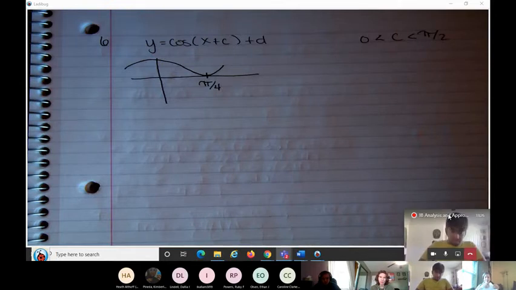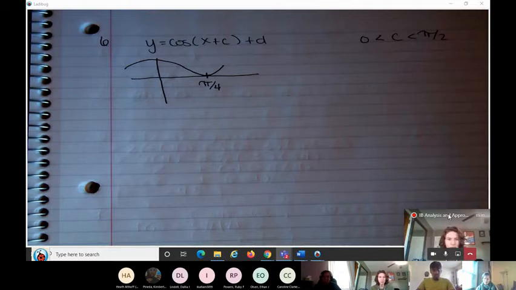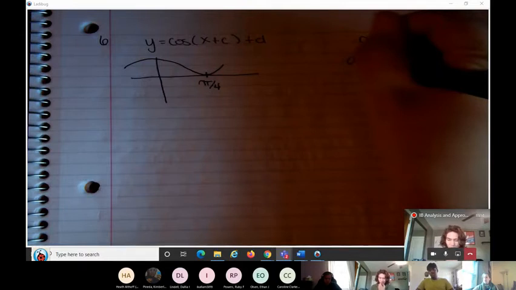Okay, I think since they don't provide an A value, the amplitude's probably 1. And if that's the case, then they would have had to add 1 to the y value to make it sit on the x-axis like that. Very good observation.